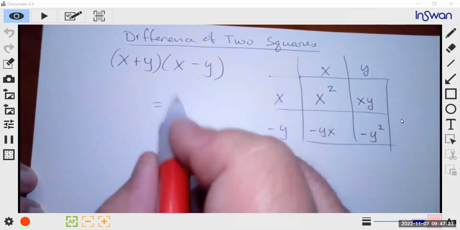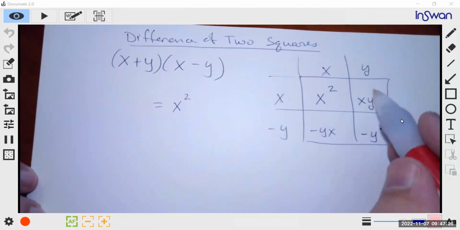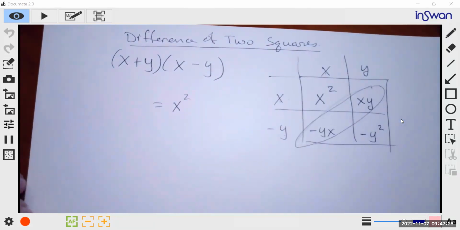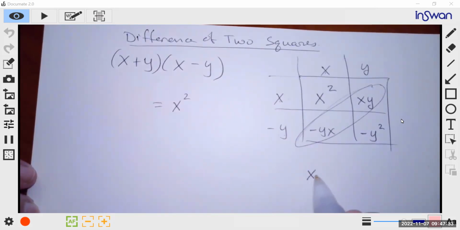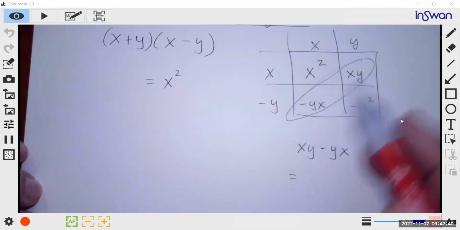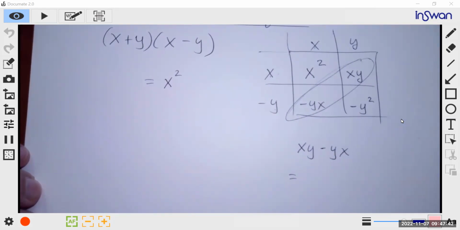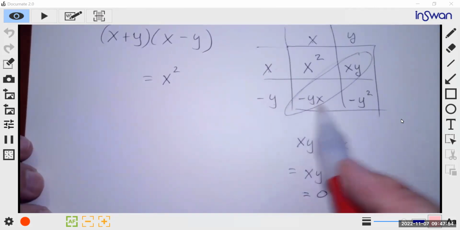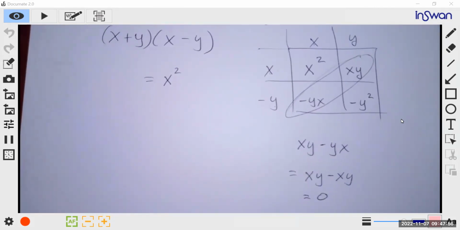So we have x squared. What happens with these guys? What happens to the middle guys? They cancel. XY and YX are the same thing.